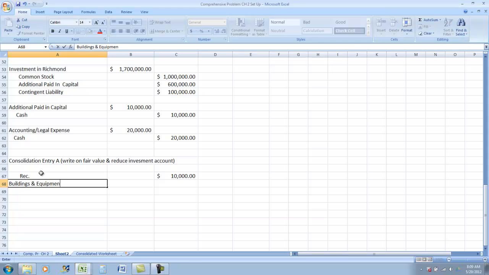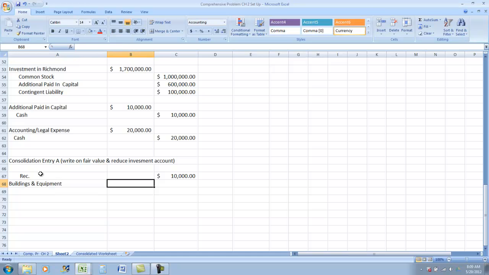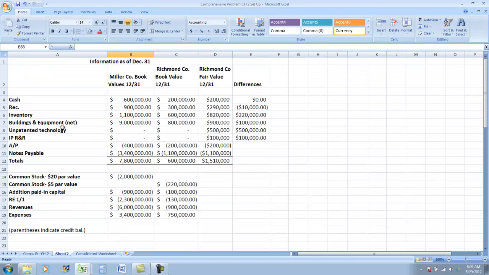Buildings and equipment. Inventory, 220.